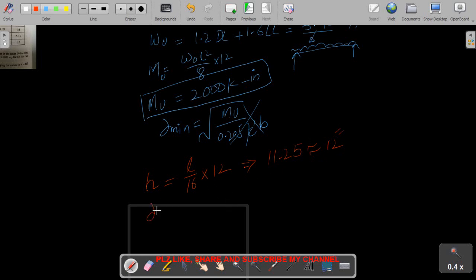If we find out the effective depth from this, so 12 minus, now here I'm choosing the effective cover. Let's say it is 2.5 inch. 1.5 is the clear cover and 3 by 8 inch is the stirrup diameter. And right, this is how we usually do it.